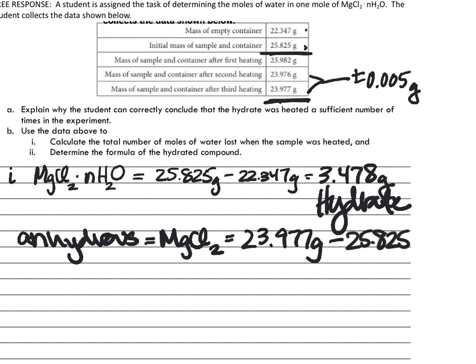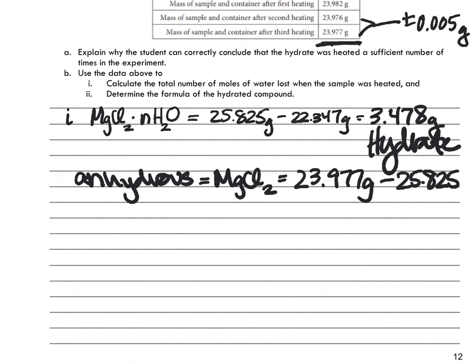Remember that my job is also to help you think through the problems when you don't understand them, okay? So all I'm doing right now is trying to figure out the mass of all my chemicals that I had. And before I had the hydrate, after what's left over is my anhydrous.